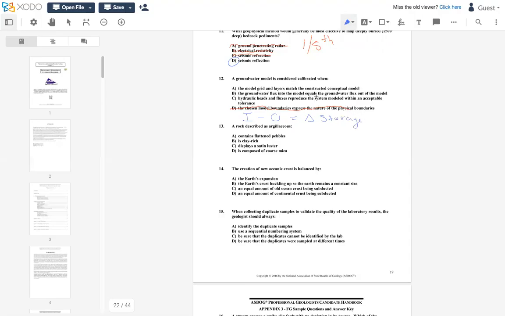That sounds like a very good answer. But C specifically talks about hydraulic heads and fluxes within an acceptable tolerance. And so what I think we can take away from this is the word modeled means an approximation. And that's what this model is. We are modeling to the best of our ability with an acceptable tolerance, which is within a reasonable amount of error, are we modeling the system. And so I think C is the best argument.